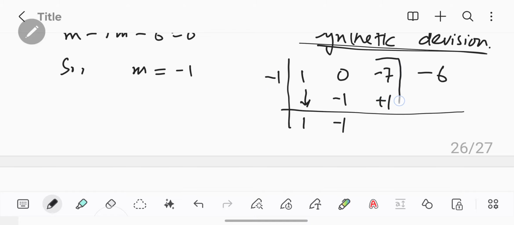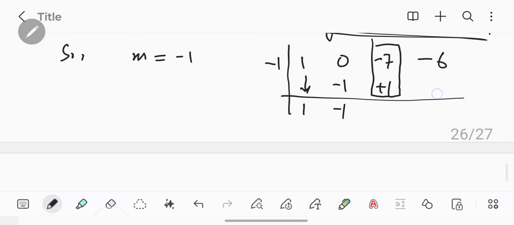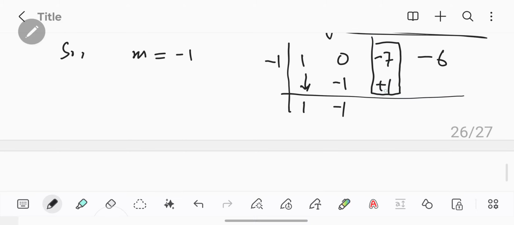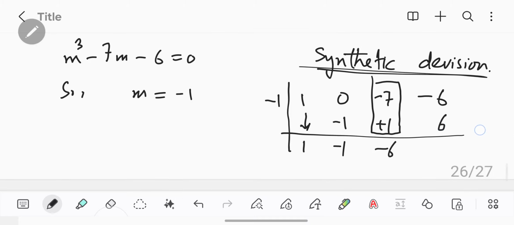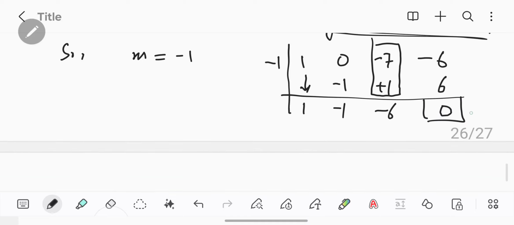And then again you will add these two things. -7 plus 1 is -6. Again you multiply this -6 with -1. You will get +6. Okay? If you add these two numbers, you will get 0. This is the 0 remainder of this division.